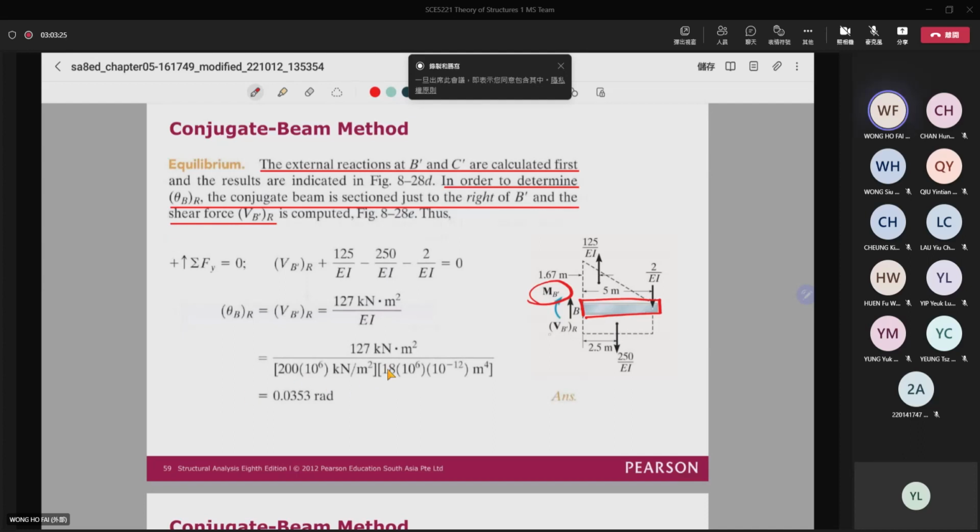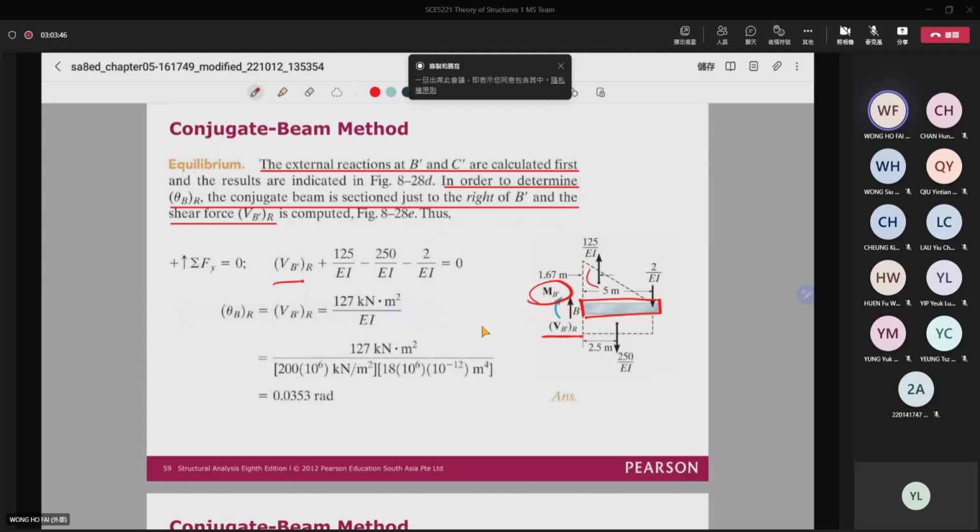And if I take a look at the shear on the right-hand side, that will actually be the rotation on the right-hand side. So for here, I will take a look at the rotation. So I will take a look at the shear. I consider that all the loads pointing upward as positive, so VBR is the shear here.